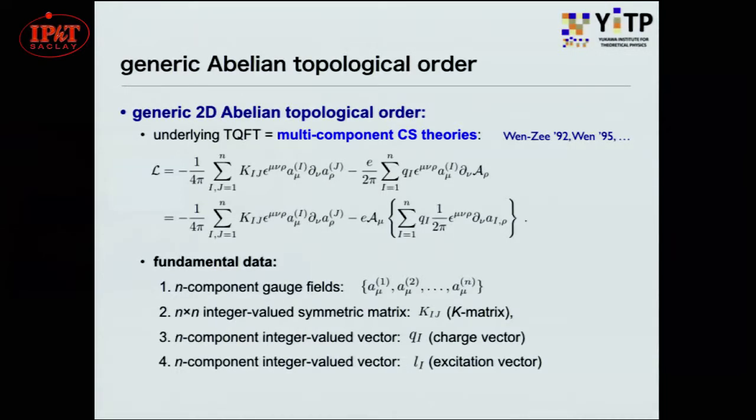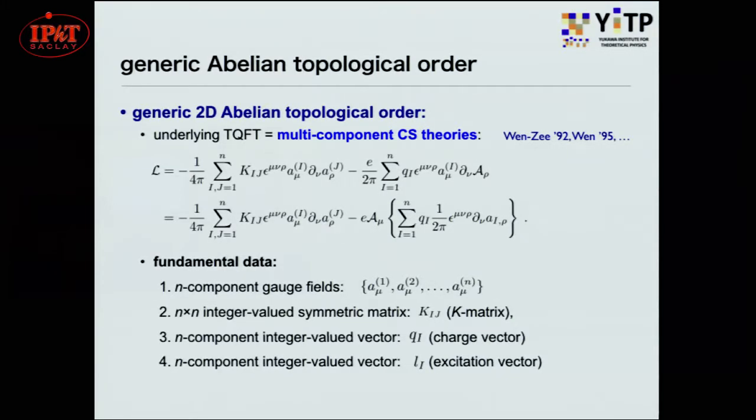It is known that general Abelian topological phases, in two dimensions, can be written, at least in the low energy limit, by a multi-component Chern-Simons gauge theory characterized by a K matrix. So we have a K matrix, which is a symmetric n by n matrix with integer components.